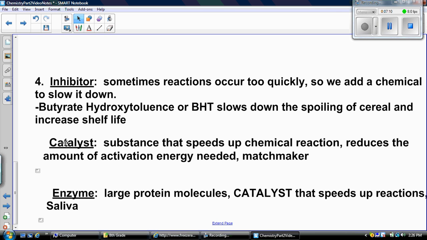Then you have something called a catalyst. That's a chemical that's going to speed up a chemical reaction. What a catalyst does is reduce the amount of activation energy needed to start a reaction. I think of a catalyst as like a matchmaker.